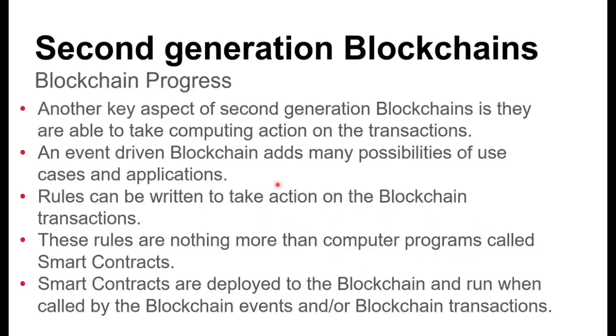If that sounds like executing the terms of an agreement or a contract, you would be right. These rules are computer programs called smart contracts. Smart contracts are deployed to the blockchain and run when called by blockchain events and/or blockchain transactions. Smart contracts are nothing more than a computer program that runs on a blockchain.